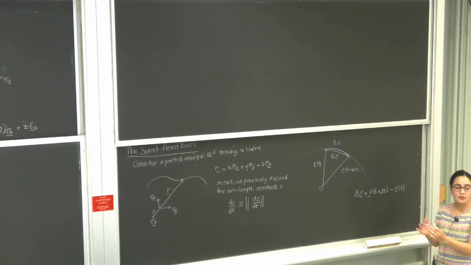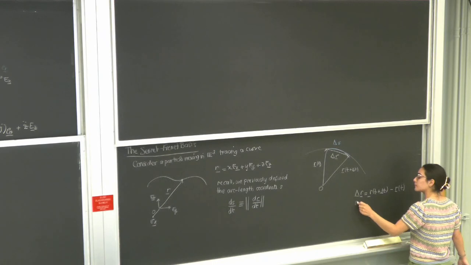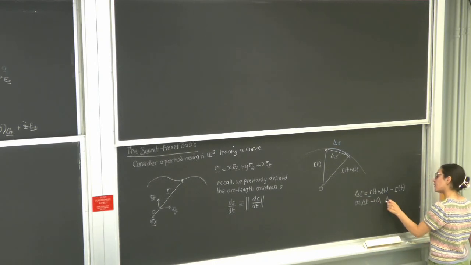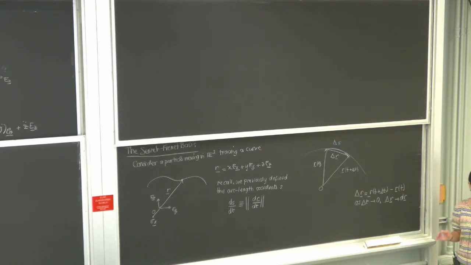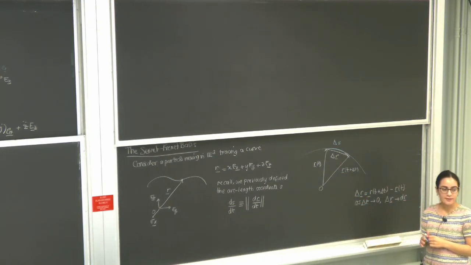And then what would happen to its direction? As delta t goes to 0, delta r becomes dr. And what does its magnitude become equal to? Ideas?